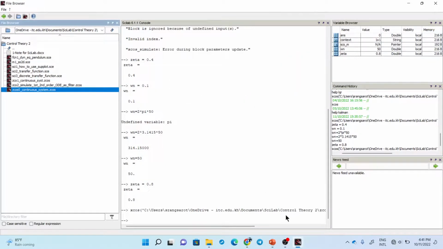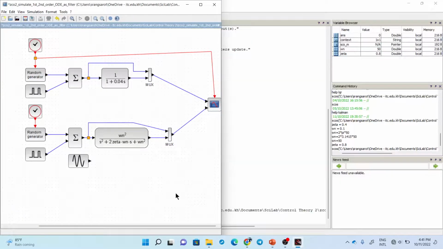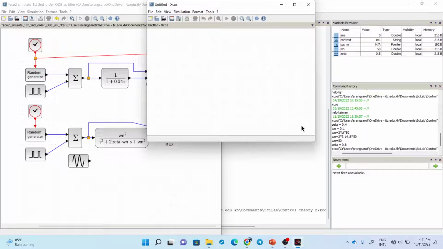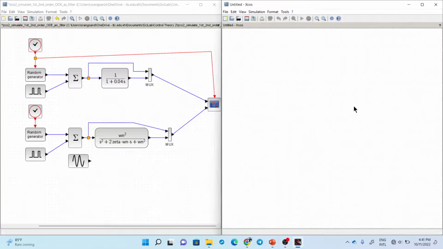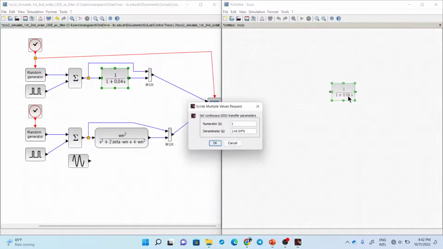Okay, so let's build a new one. Control N. I think I need a transfer function. Transfer function is just b over s plus a, right?